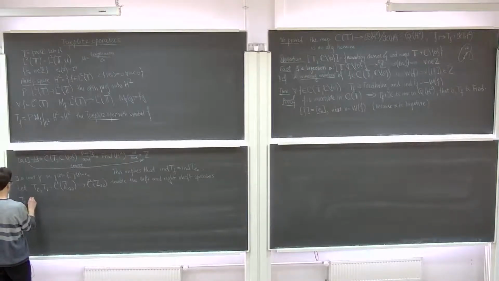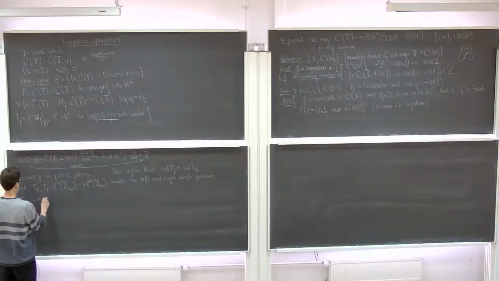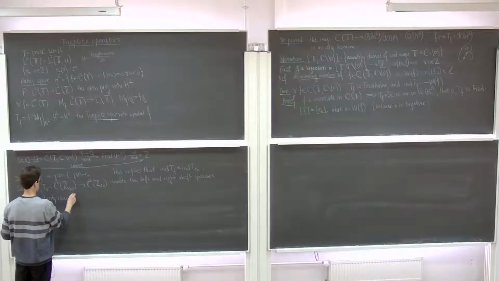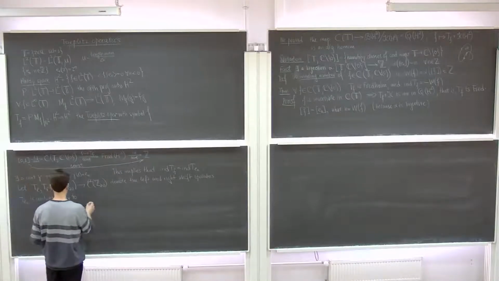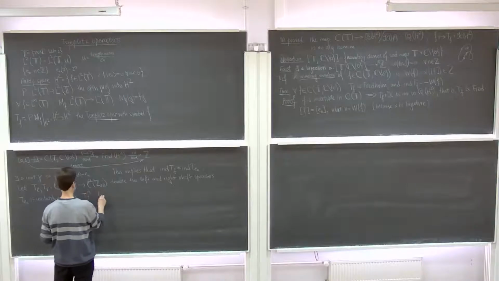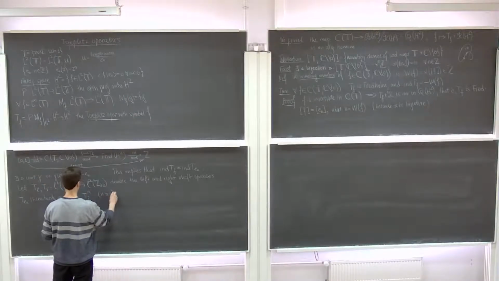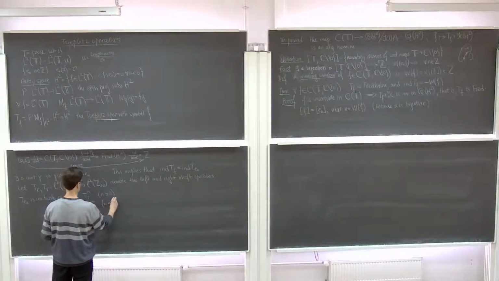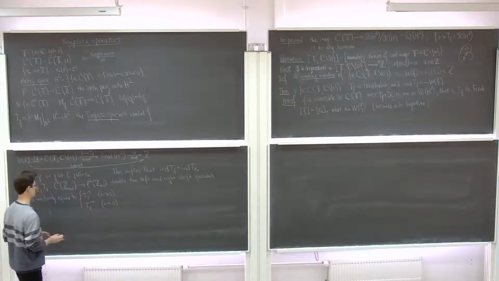T_En is unitarily equivalent to TR to the power n if n is non-negative, and to TL to the power minus n if n is negative.